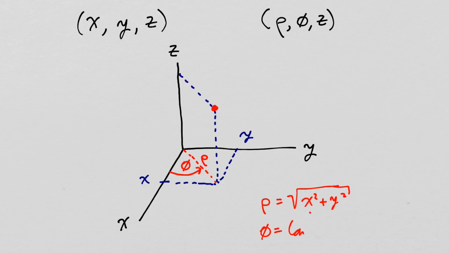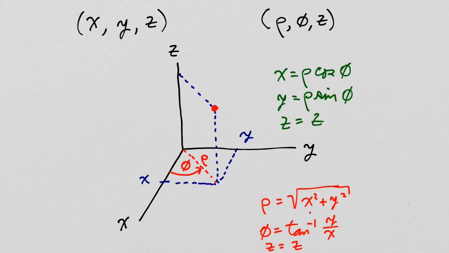So given the Cartesian coordinates, this is how you would then obtain the cylindrical coordinates. And if you were given the point in cylindrical coordinates, we see from this right triangle, x is equal to rho cosine of phi, y, which is this side, is equal to the hypotenuse rho times the sine of phi, and again, the z's are the same.